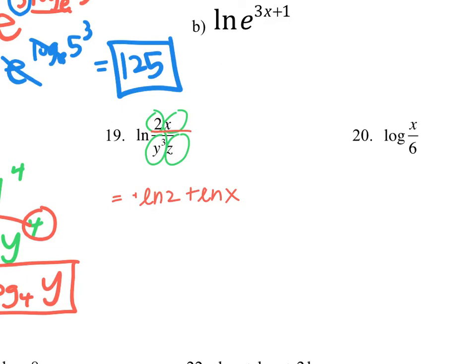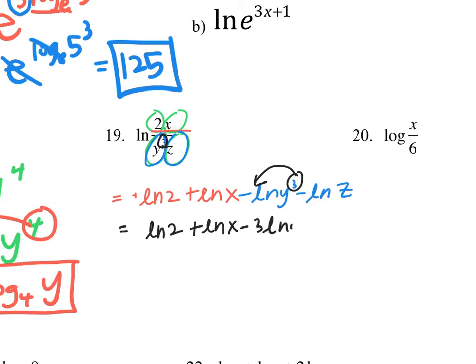And then I know that the y cubed and the z, they're both in the denominator, so it's going to be negative out in front: negative ln of y cubed minus ln of z. And then you move that 3 right out in front. Notice that the power of 3 only applies to the y, so just watch out for that type of thing. ln of 2 plus ln of x minus 3 ln of y minus ln of z is your final answer.